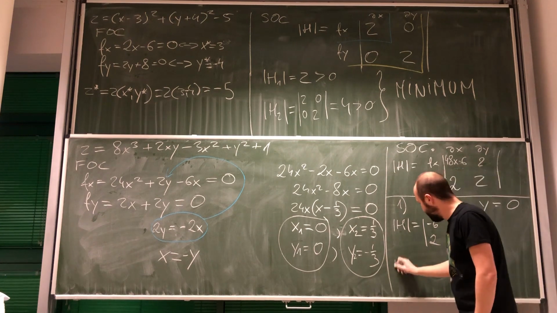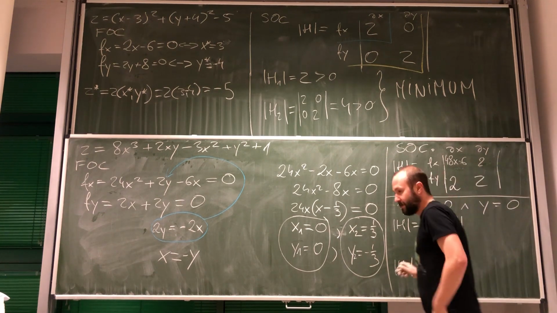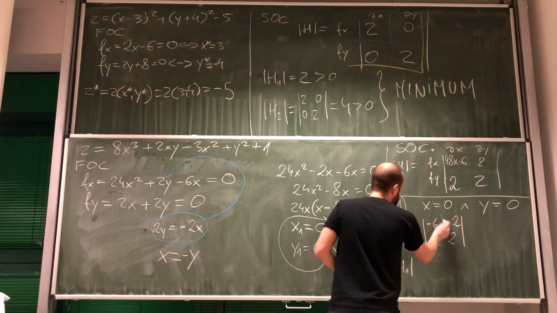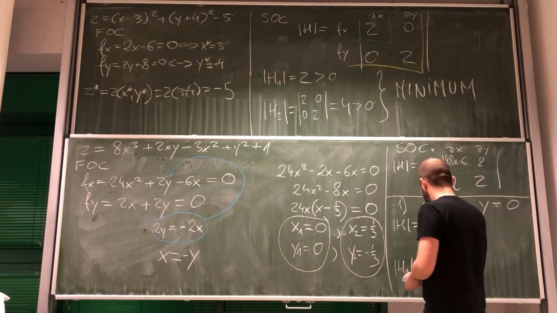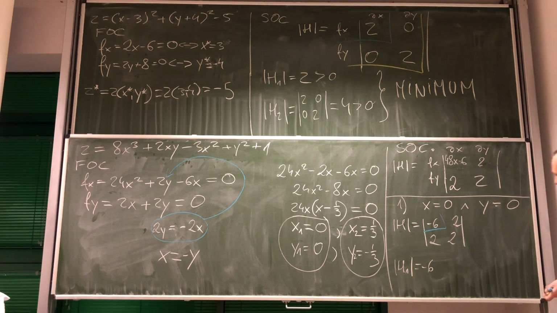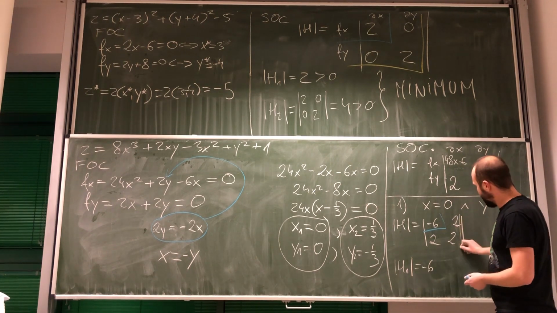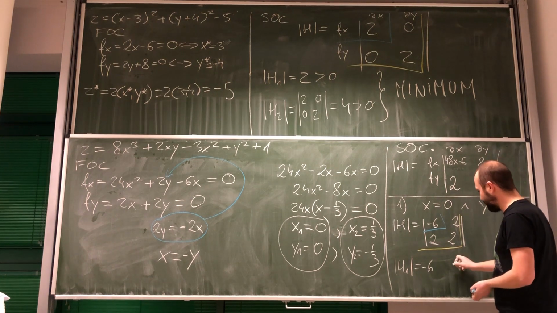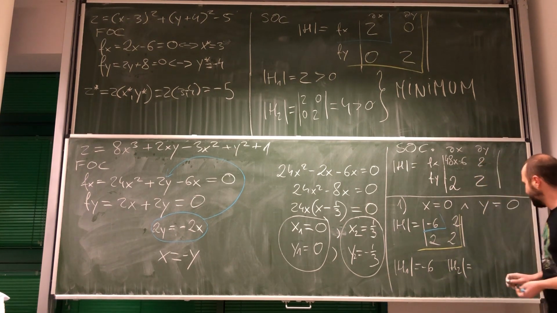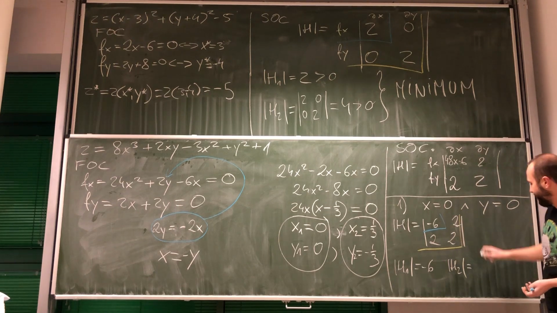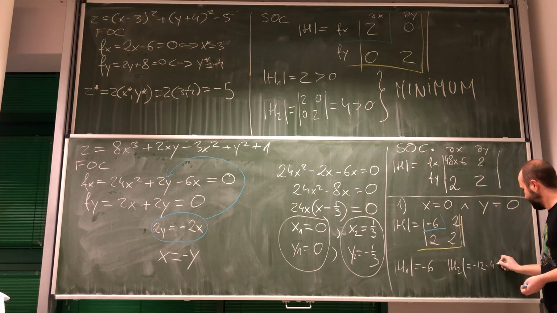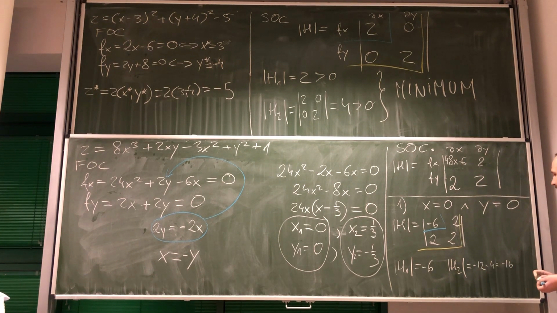So H1, which is the first principal minor, is negative 6. Now, the second, H2, so the second principal minor, is given by negative 12 minus 4, which is equal to negative 16.